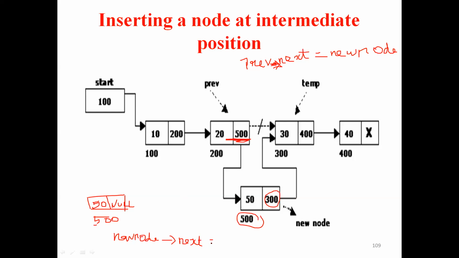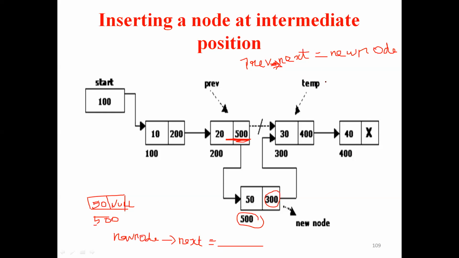equal to what I have to assign. Can anyone tell me what should I write here? I underlined here. What should I fill here? It is 300 only. That is okay. In the programming part, you tell me. In the algorithm part, anyone?